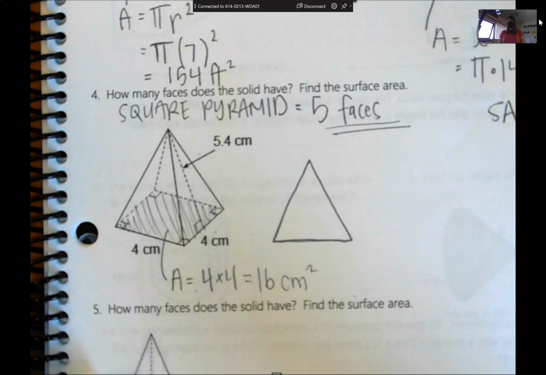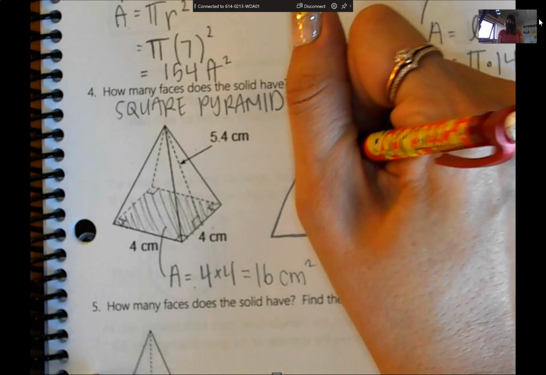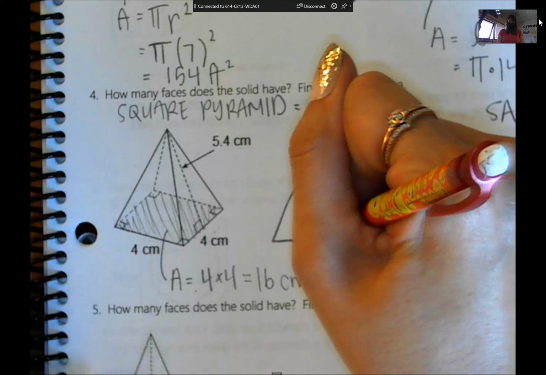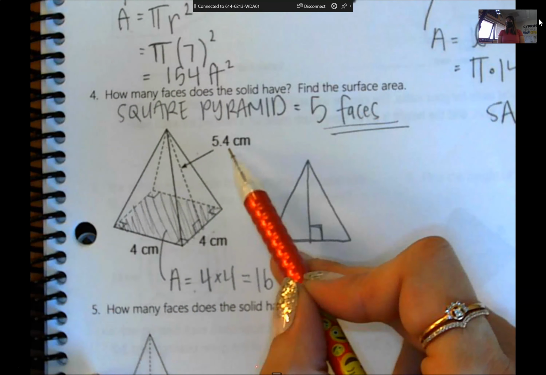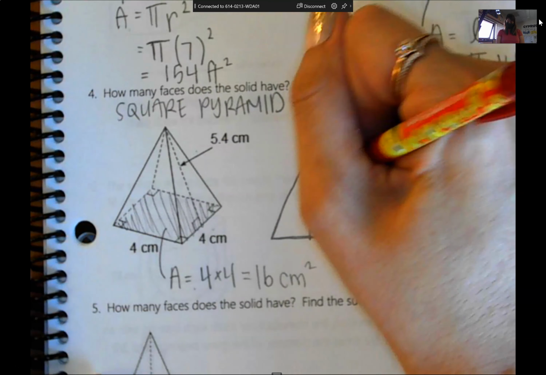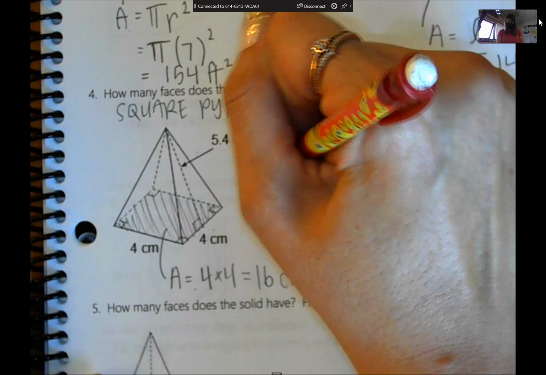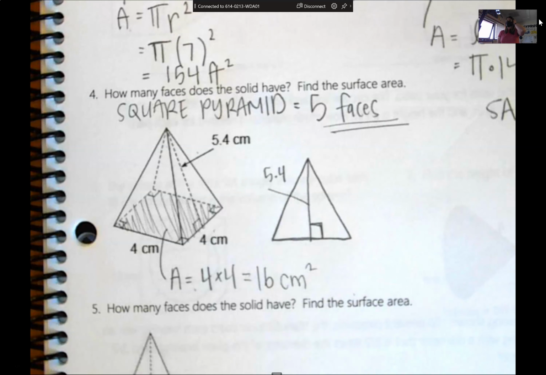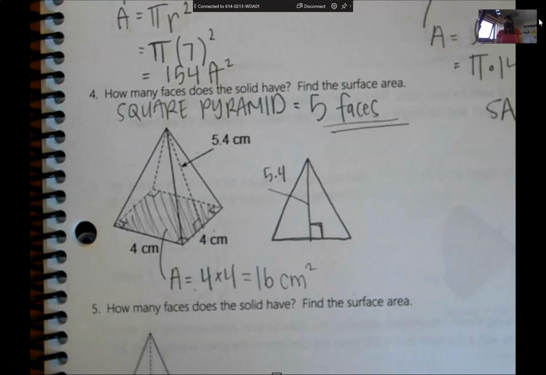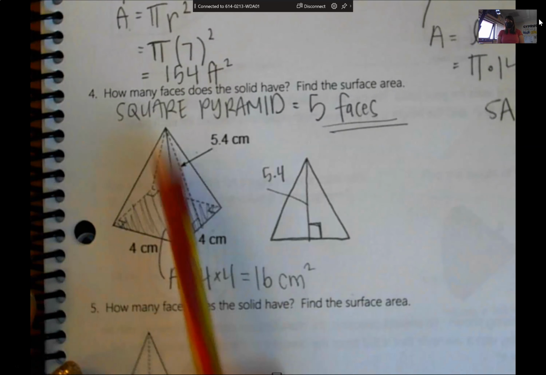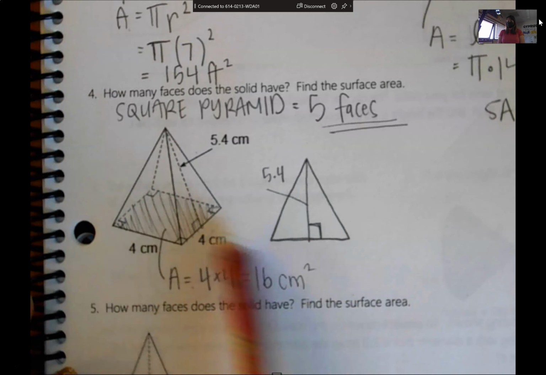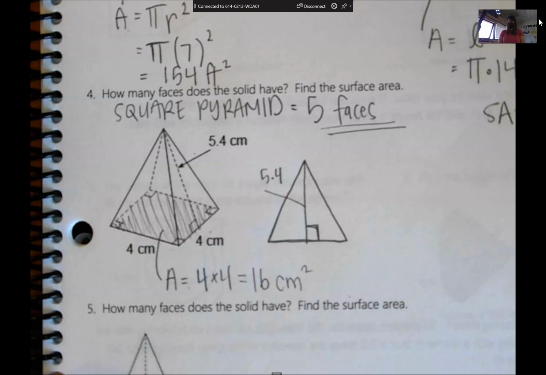How many triangle faces are there? 4. We're going to say the height of our triangle is 5.4. It's really not 5.4, but we're just going to use 5.4. So this is not really the height, but just to make our lives easier, I'm going to say that's the height of our triangle.